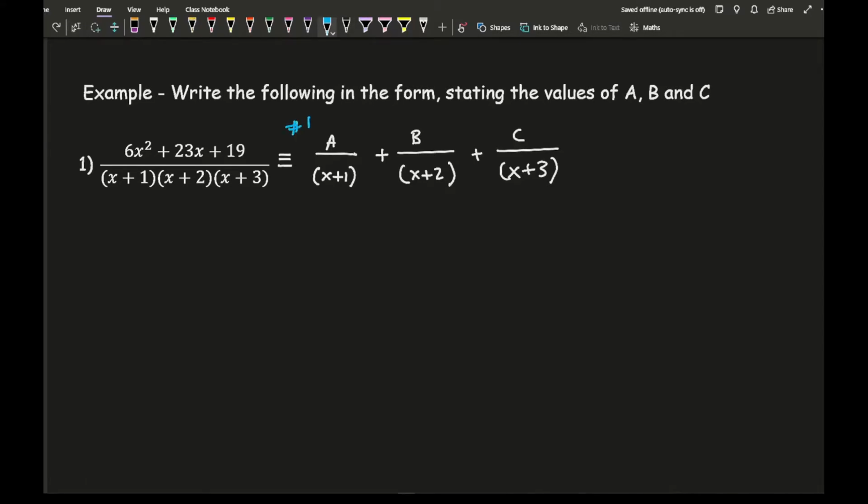Now step 2, what I need to do is simply multiply both sides by these 3 brackets.